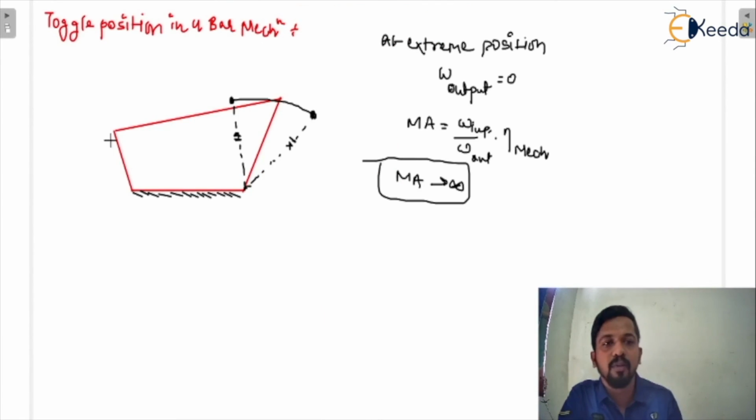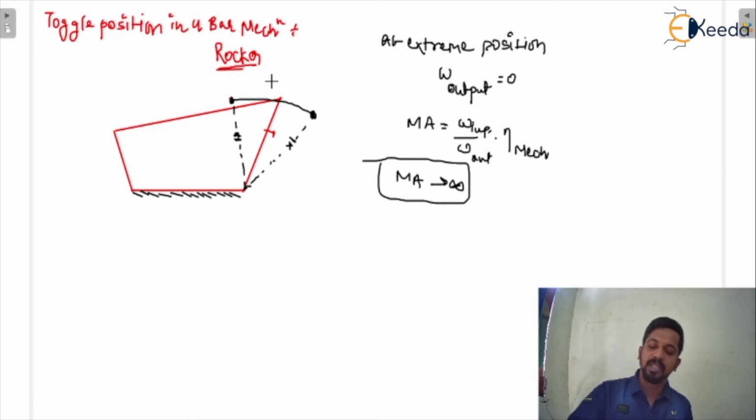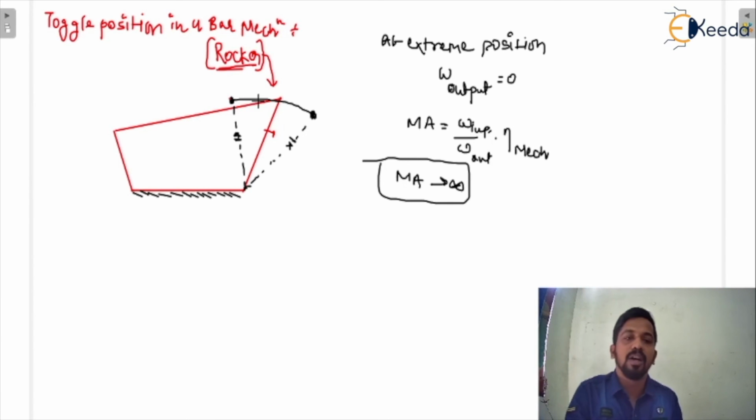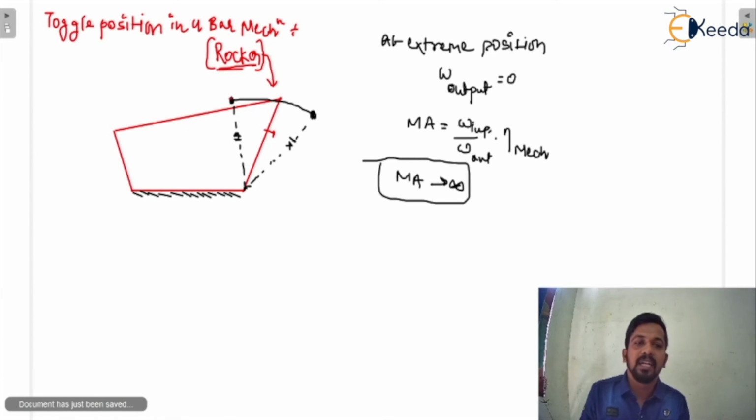Here I talked about the 4-bar mechanism and the extreme position of the output link. The extreme positions mean the extreme positions of the rocker. I'm going to consider the rocker as the output link. Rocker means incomplete rotation, or partial rotation, or oscillation.